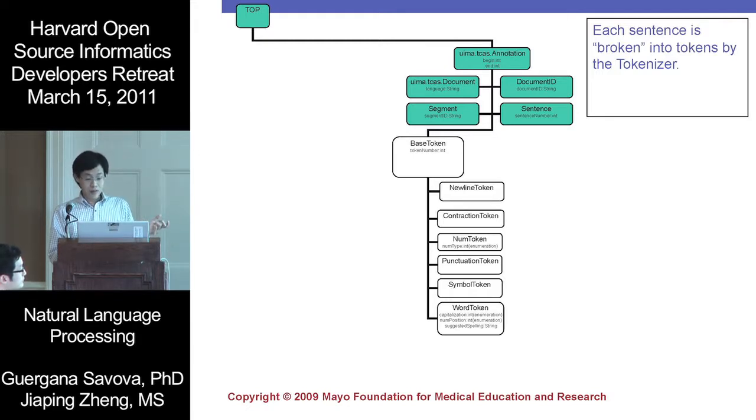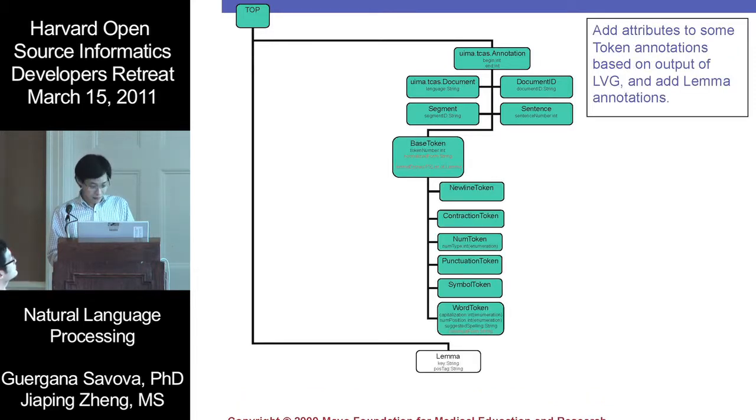And then we define a few types of tokens. I think probably the most interesting ones are the word tokens. They correlate pretty much to what a dictionary word is, but not exactly the same. I would not go too deep. Then the lemma is just a normalizer, so it will give you the canonical or dictionary form of a word.